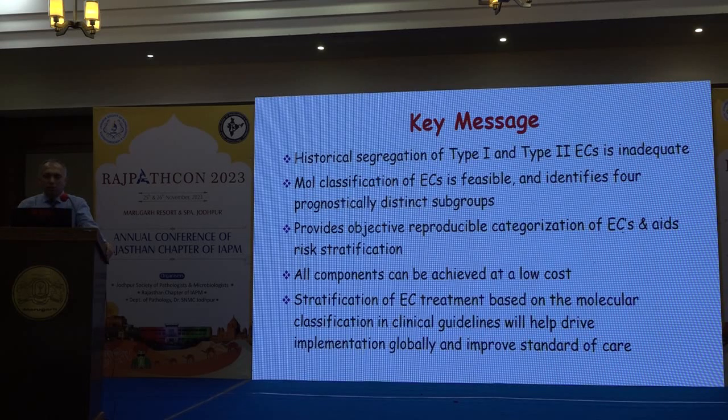So histological segregation into type 1 and type 2 endometrial cancer is no longer adequate. You need a molecular classification which is feasible. It's not as if only the advanced centers can do it, and it provides objective, reproducible categorization of endometrial cancers, aids in risk stratification, and as I told, it can now be achieved at a lower cost.